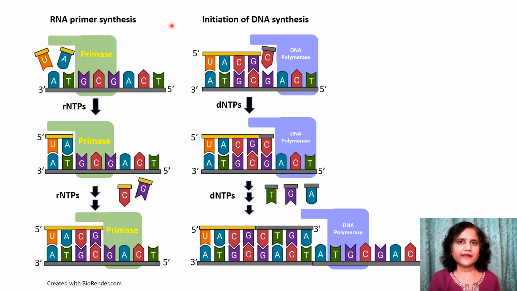DNA polymerase, as I mentioned, cannot initiate polymerization de novo. It can only add to the 3' end of an existing nucleotide that is part of a nucleic acid chain base paired to DNA. However, this enzyme, DNA primase, can start a new polynucleotide chain by joining two nucleoside triphosphates together.